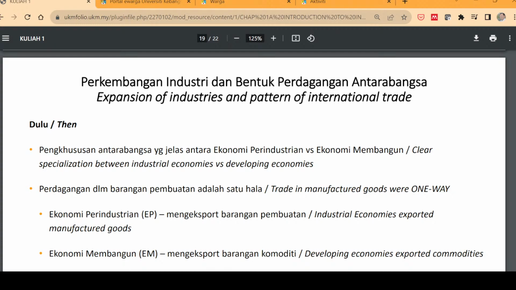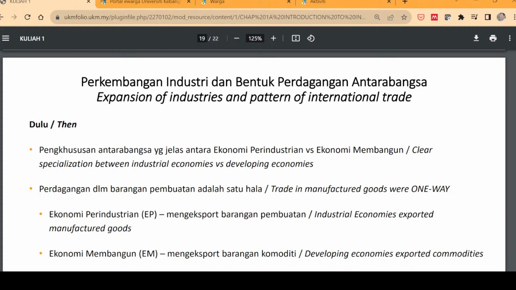So in the past, manufactured goods were going one way only, mostly one way. The exports came from developed countries, developed economies, like the USA and Europe. They went to developing countries that way.